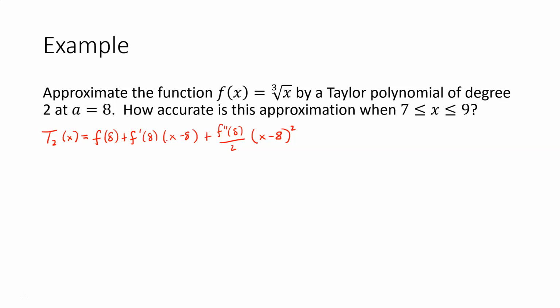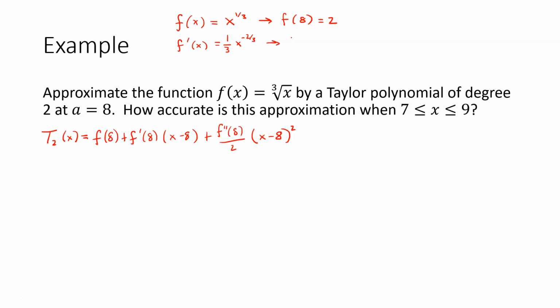Okay, so notice that we'll need up to the second derivative evaluated at 8 for this particular f of x. So let's work those out up above here. Given f of x is the cube root of x, I can write it as x to the 1/3 power. So we have f of 8, of course, is just the cube root of 8, which is 2. f prime of x will be 1 over 3 x to the negative 2 over 3.